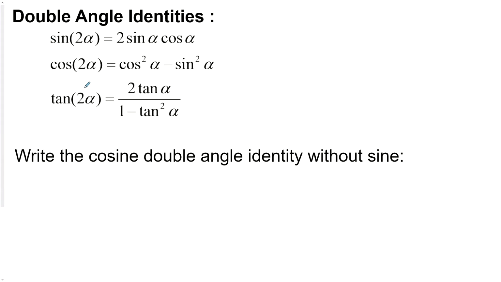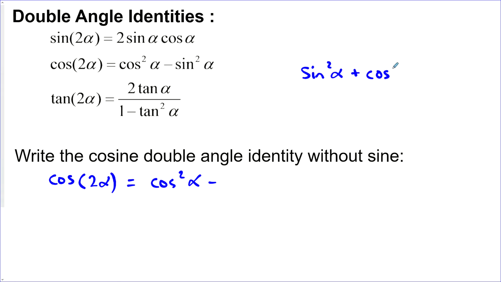Now we want to take cos's double angle identity and write it without sine squared alpha here. Now when you see sine squared alpha, hopefully you remember the Pythagorean identity. Sine squared alpha plus cos squared alpha equals 1. So that means that sine squared alpha is 1 minus cos squared alpha.